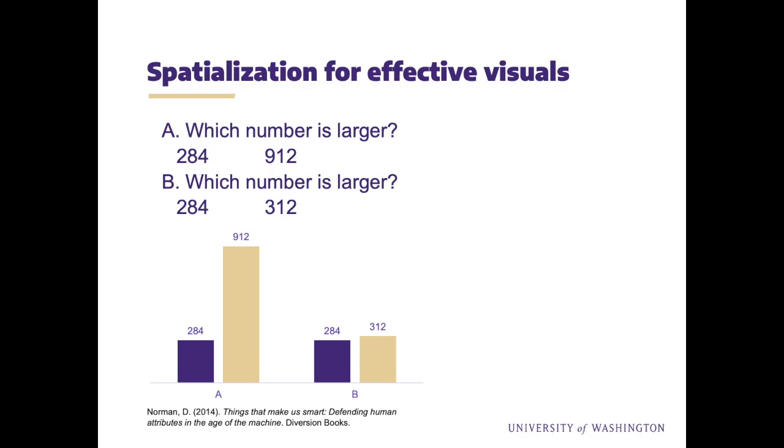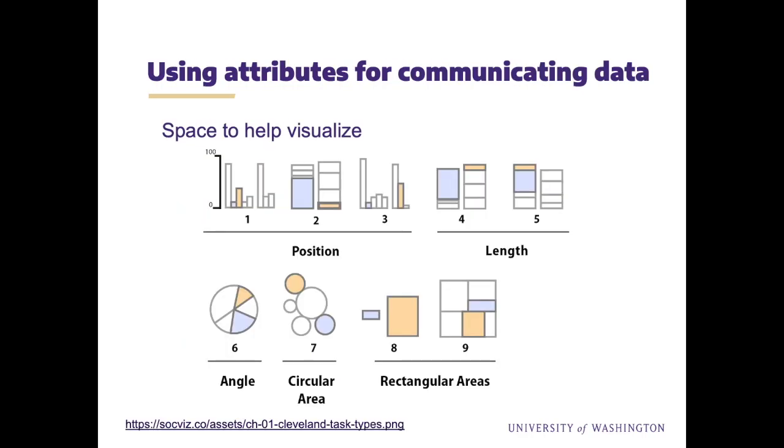And so in both the comparisons of A and the comparisons of B, we can see just how much different they are, and in putting it in a visual perceptual realm. Now, this method of spatializing data is very common for data visualization, and there are many ways that you can manipulate the position, the length, the angle, and circular area and rectangular areas to help show how data are presented and communicate both the magnitude of whatever the scale is that's being used, as well as categorizations.